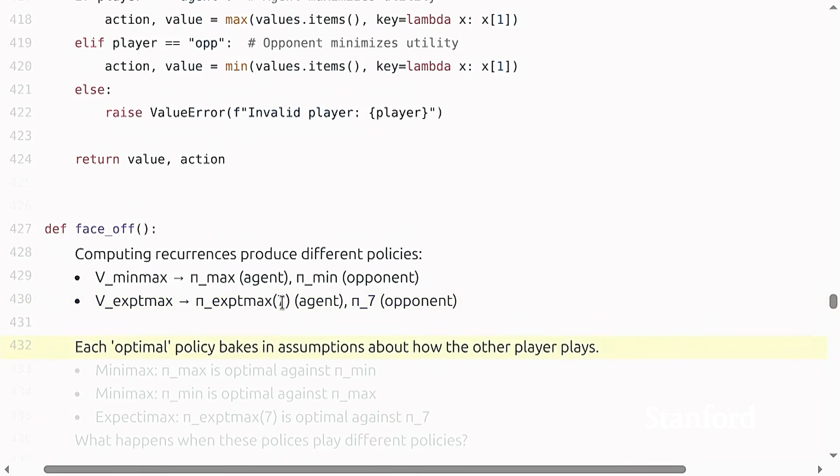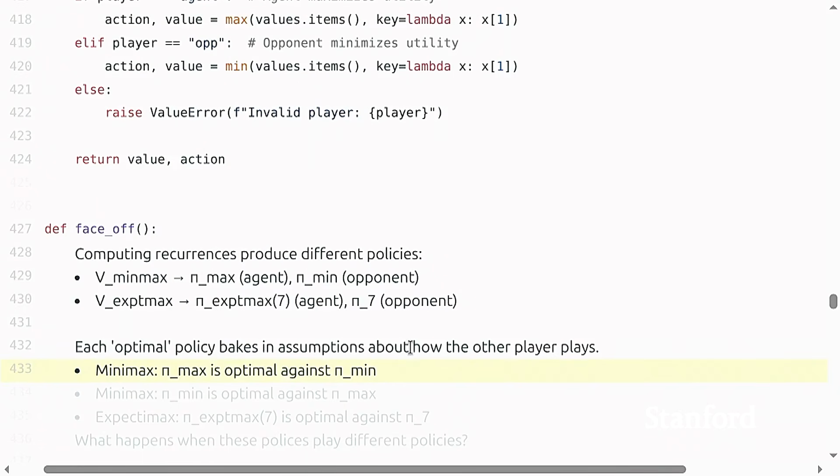Okay, so you have to be very careful when you talk about optimal policy. You always have to ask optimal with respect to what? Because each optimal policy bakes in some assumptions about how the other player is playing. So in minimax, we have that pi max is optimal against pi min.